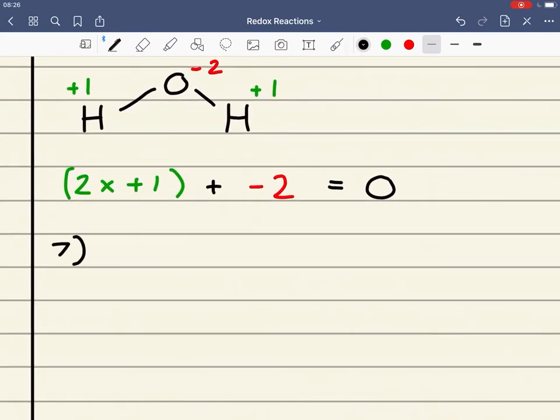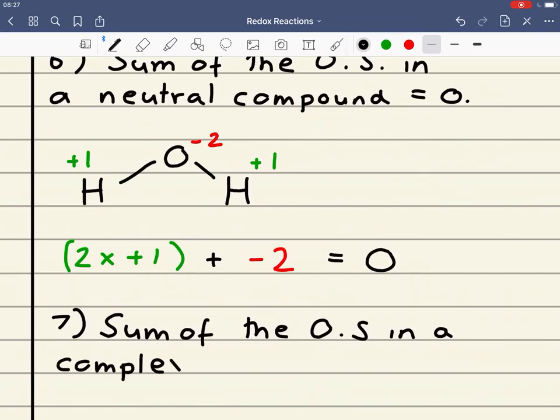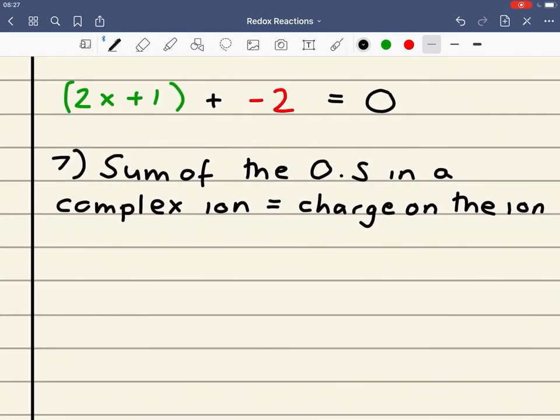Rule number 7. The sum of the oxidation states in a complex ion is equal to the charge on the ion. So for example, if I've got a hydroxide ion, you know that hydroxide ion is an OH minus ion.